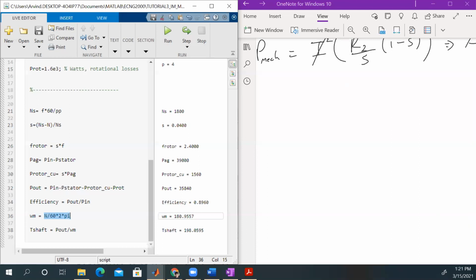I'll give you all 5 seconds to type something in the chat. Anything that you think it could possibly be. One, two, three, four, five, nobody.